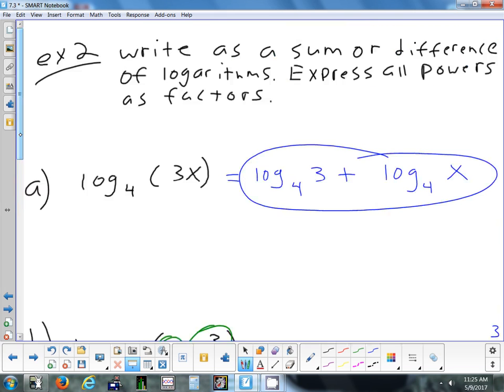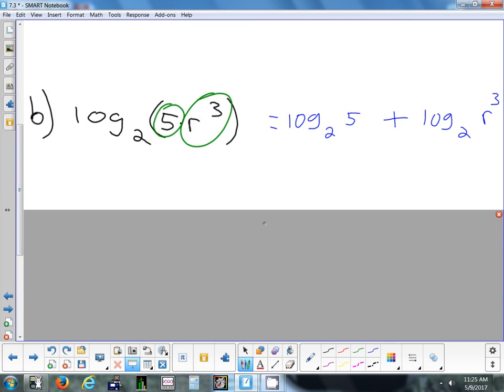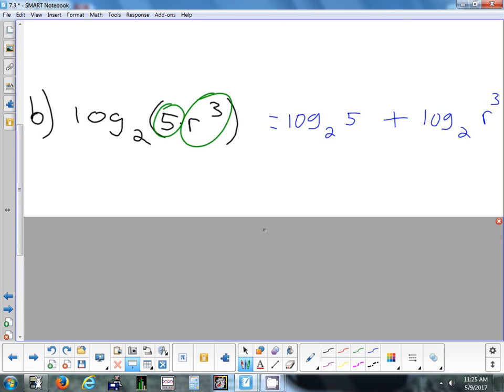Okay, now, if you look at the directions carefully, it said express powers as factors. Basically what that means is do not leave exponents in your final answer. Okay, move them in front. So, Jocelyn, is there anything here that's an exponent? Yes, what is it? The cube. Yep, that 3 on the R. And where does that 3 have to go?